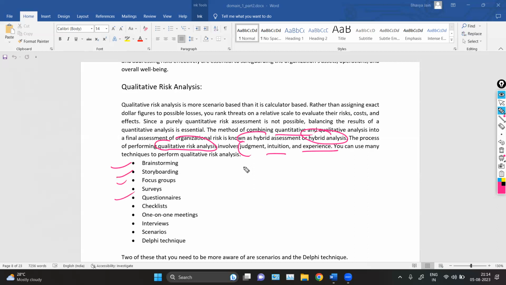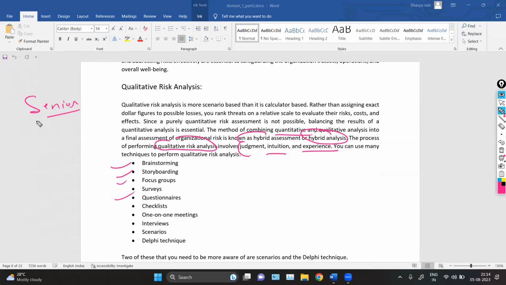Let's take an example. Let's say we have some kind of devices or forces to which we cannot assign any quantitative values. So for that, we assign qualitative values. For example, there's a person in a senior level position, the manager of the financial department.